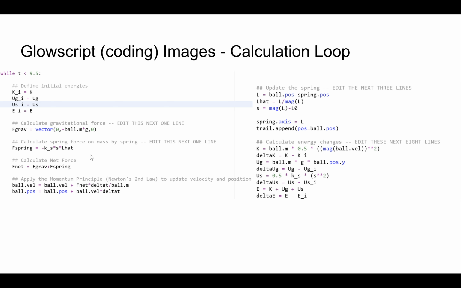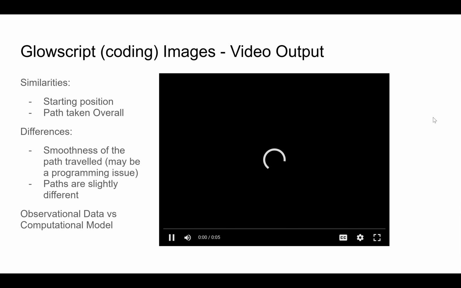The spring force is in the next line, and then the net force, and then the velocity update formula and the position update formula, and those are used to update the spring. The equations are the same as before, and the same goes for the energy equations. Delta is final or current minus initial for all the different energies. And this is what the output looks like.